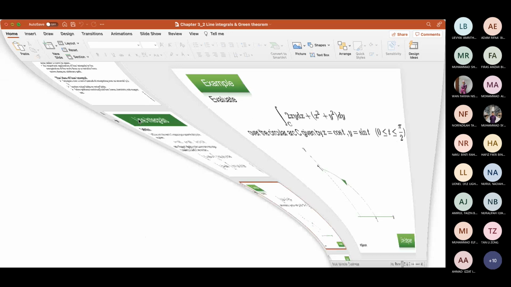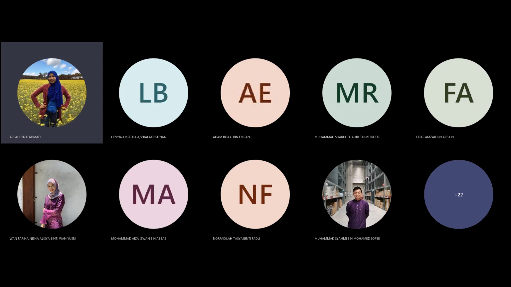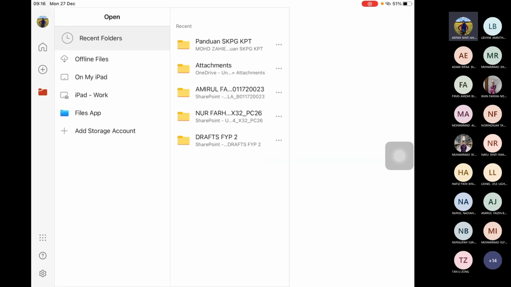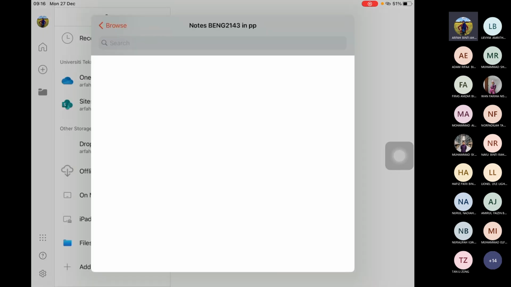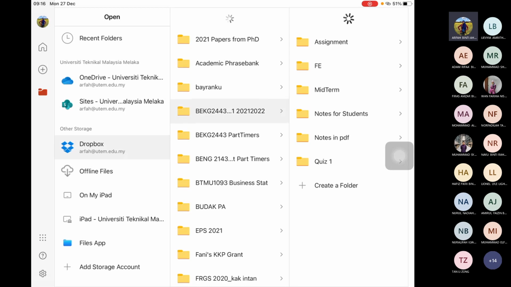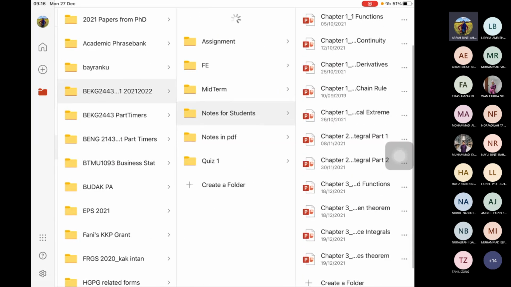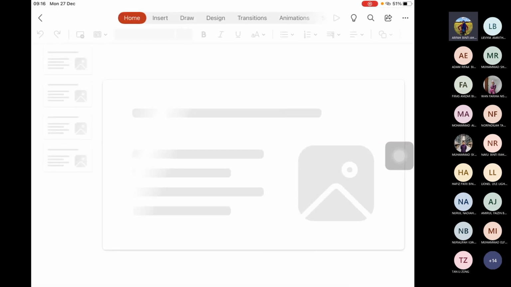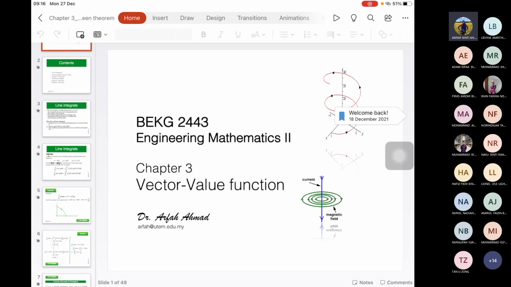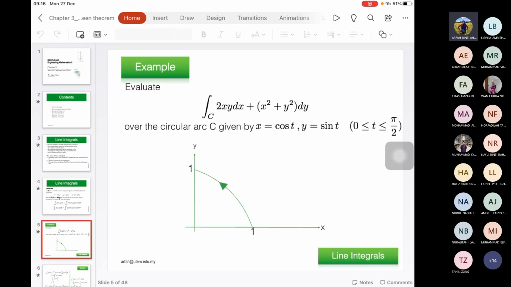Okay, share screen. Okay, this is the example that we want to do.